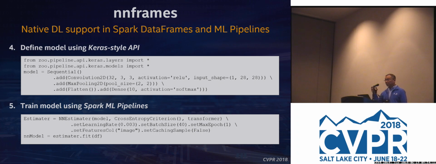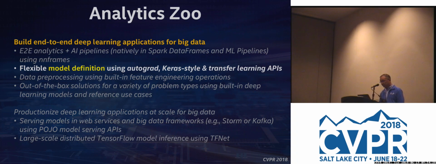So this essentially leverages the Spark DataFrames and the Spark ML pipelines to build out the end-to-end data processing, but provides native support for deep learning. And then to build out the pipeline, of course, now you have the construct, the nnframes to Spark DataFrames, the ML pipeline to build out the end-to-end pipeline.